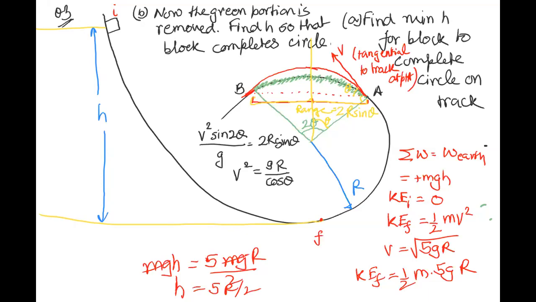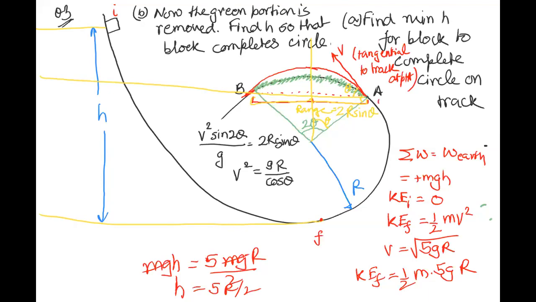So this means that at this point A, and let me just draw the horizontal level of A, the velocity must be root gr upon cos theta.